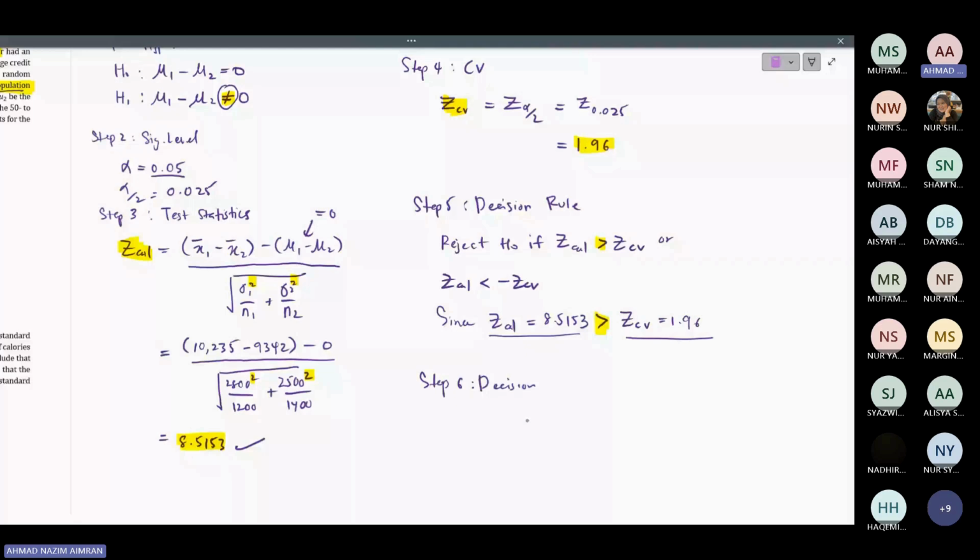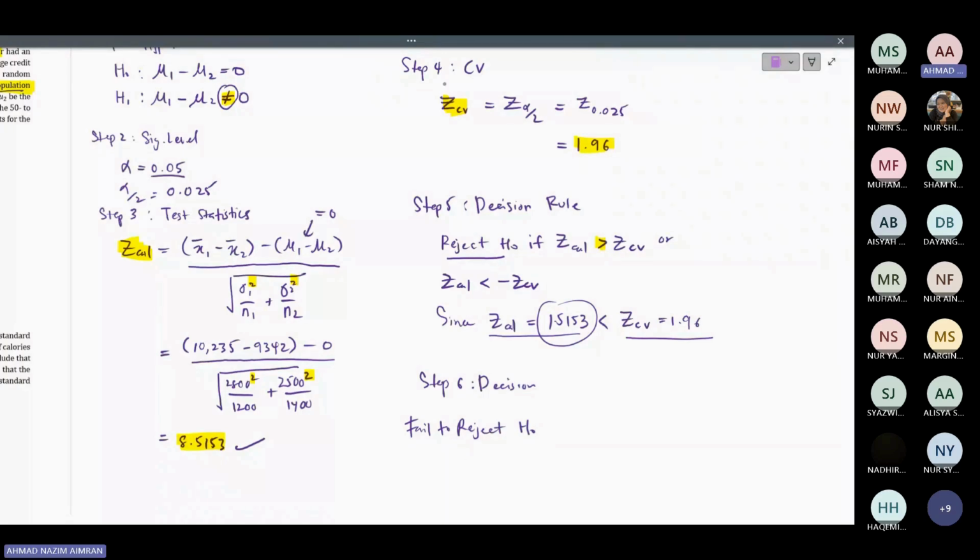Since Z calculated is greater than Z critical value, the decision is to reject H null. If you get something like 1.5153 again, it is not greater than Z critical value, it is less than Z critical value. If this is the Z calculated, then the decision is fail to reject H null.